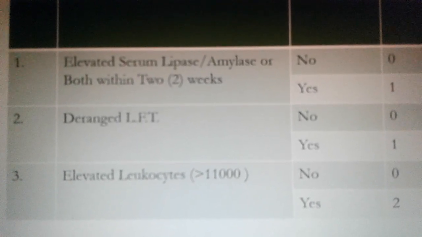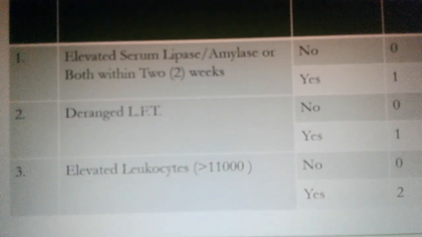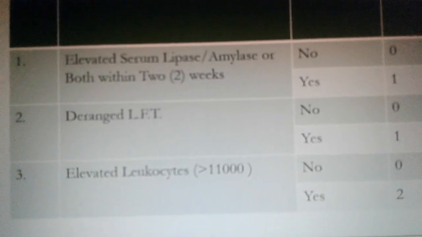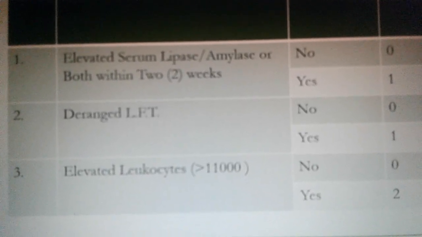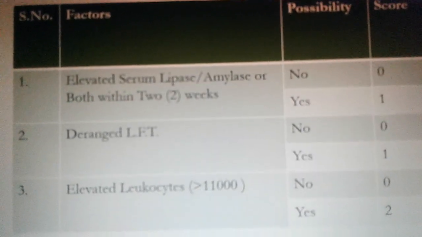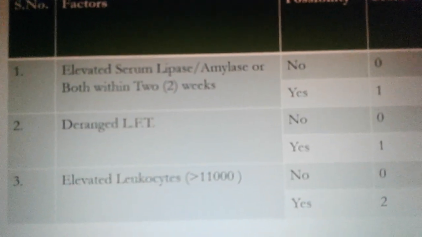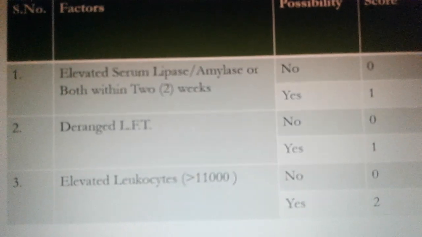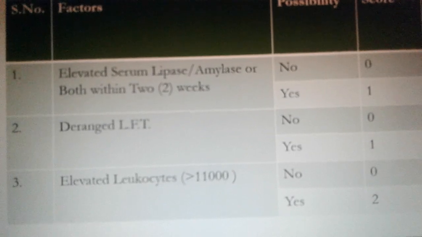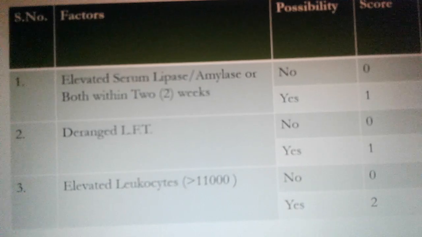The elevated serum lipase or amylase or both within the last 2 weeks of presentation. The second group, deranged liver function test, includes the serum bilirubin, serum alkaline phosphatase, ALT and other components of liver function.